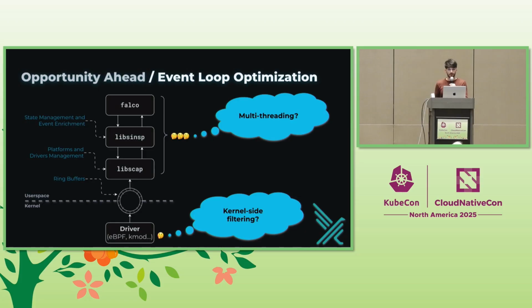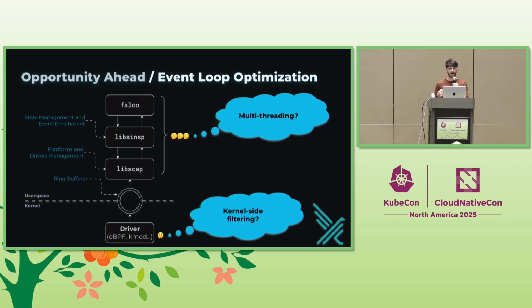Another possible event loop optimization could be implementing multi-threading in this loop. This loop is run in single-thread mode, and there are performance reasons for this. Since we need to process millions of events per second, using multi-threading can introduce some synchronization penalties.